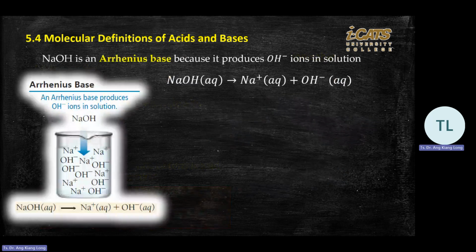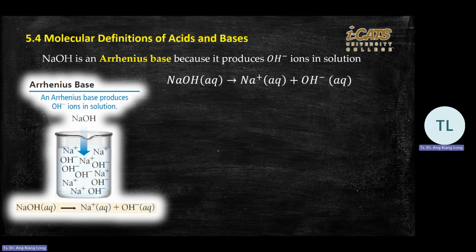Okay. Another one. Just now we covered HCl, acid. Now we cover alkali. The alkali definition is a solution that generates or produces OH ion in solution. So we take NaOH as an example again. You write NaOH, bracket aqueous bracket.